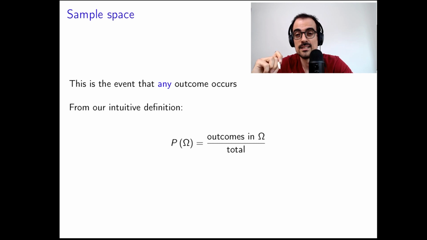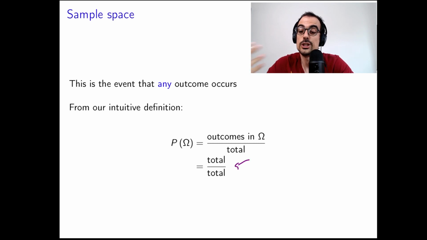Well, it turns out that all outcomes are in the sample space, right? So every time we repeat the experiment, the outcome is going to be in the sample space. So here, this fraction is just going to be equal to 1. So we should assign a probability to the sample space, and that probability should be 1. Just intuitively. Again, we haven't said anything formal yet.